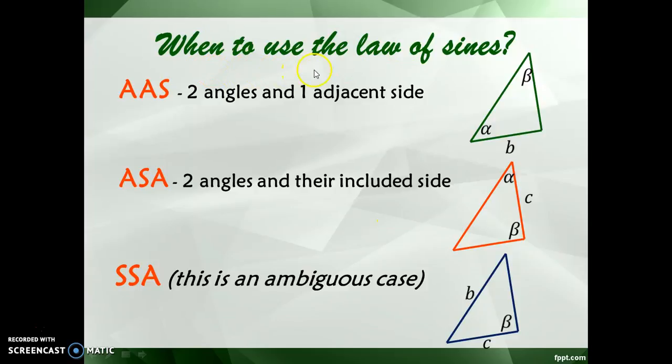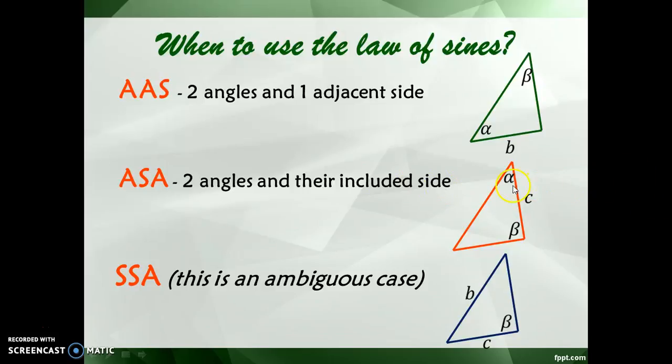Now, when to use the law of sines? First, if the given are two angles and one adjacent side, so angle, angle, side. So we can apply the law of sines. Also, we use the law of sines in the ASA case, which means that two angles and their included side are given.